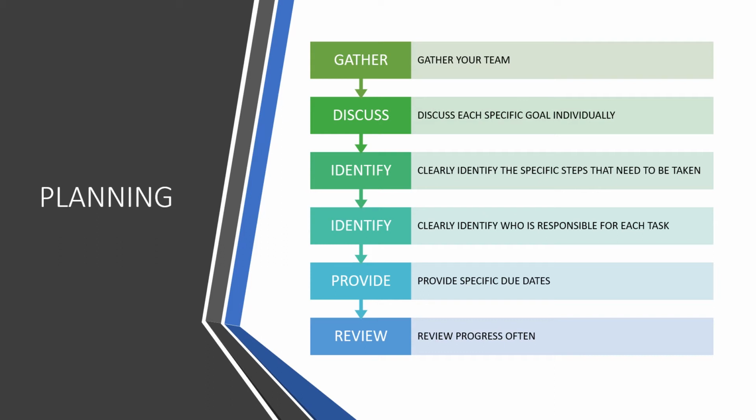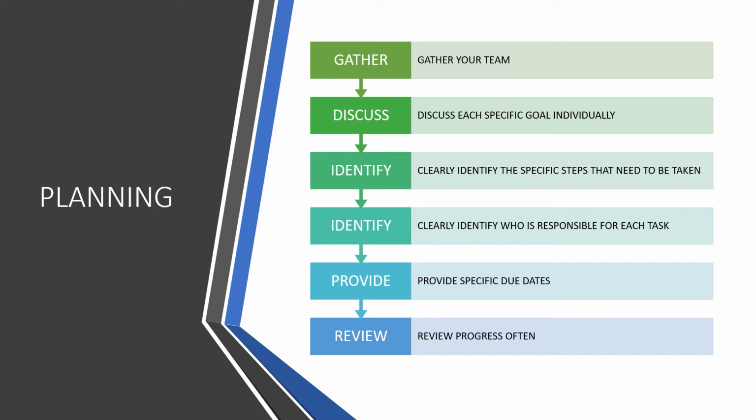Clearly identify who is responsible for what. Now, we talked about this in other videos, and we'll talk about this again in much more detail in a future video. But tasks are about positions, not individual people. One person can do multiple jobs within your organization, but a position should be clearly identified as being responsible for specific tasks.